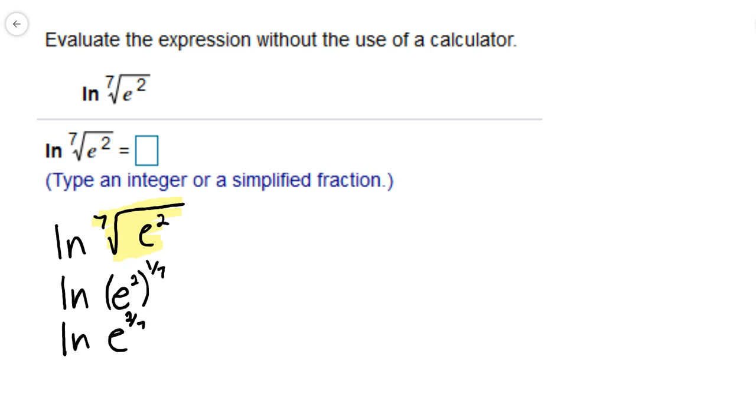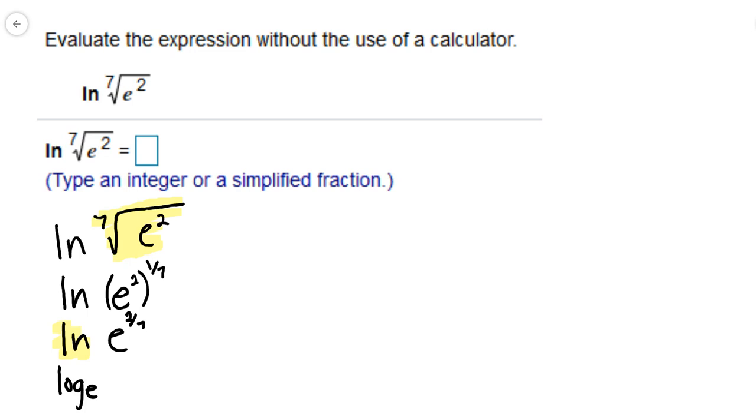When I want to simplify a log, I want to write it in exponential form because I'm more comfortable with it. So I need to know what the base of this log is. The symbols ln are natural log, and those symbols are only used when you're using a base e.